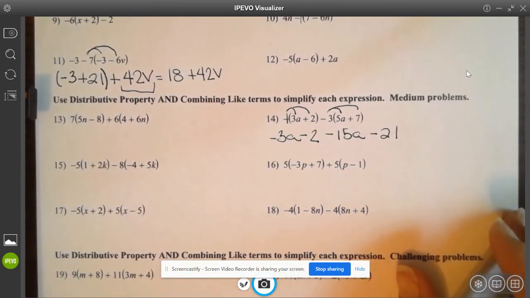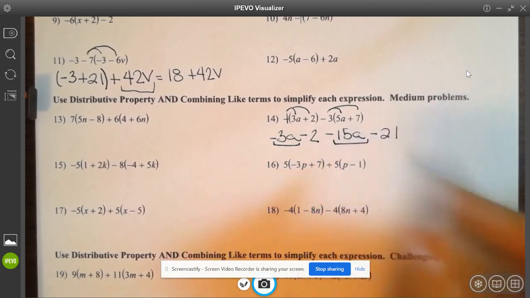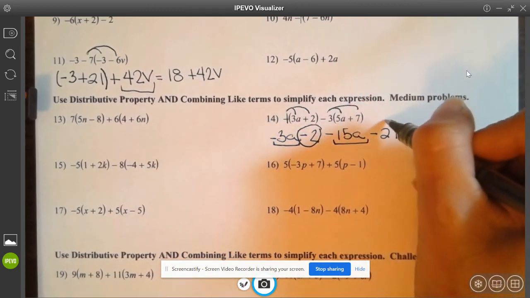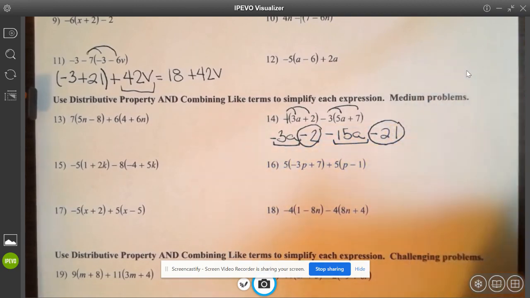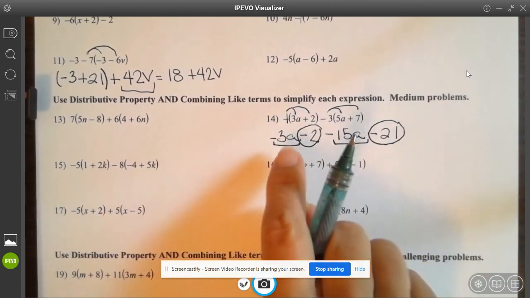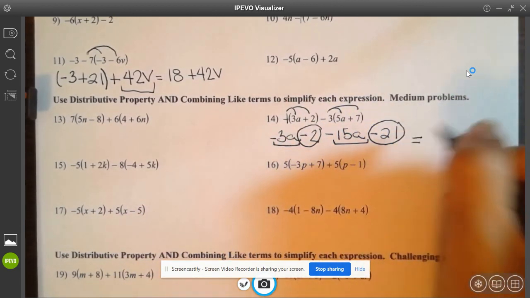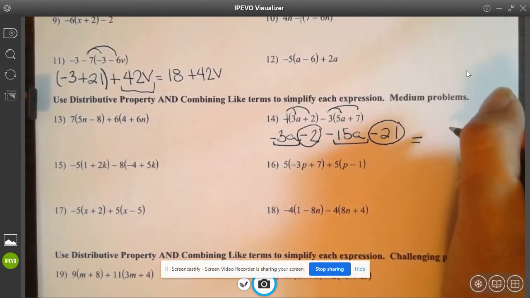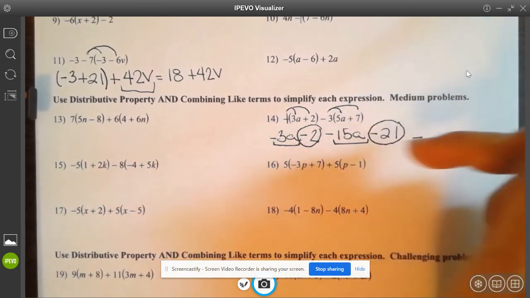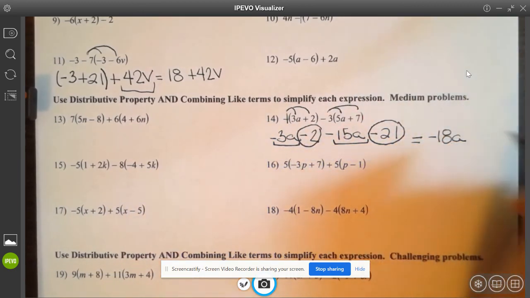And now you combine like terms. That means this one and this one get combined. And then this one, remember the sign in front of the number, right? We're going to go from left to right, like if you were reading. So now -3 minus 15, the ones with the a, they're both negative, so you add 3 plus 15, that is -18a.